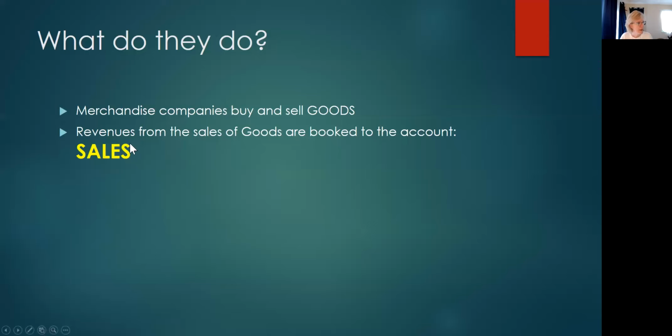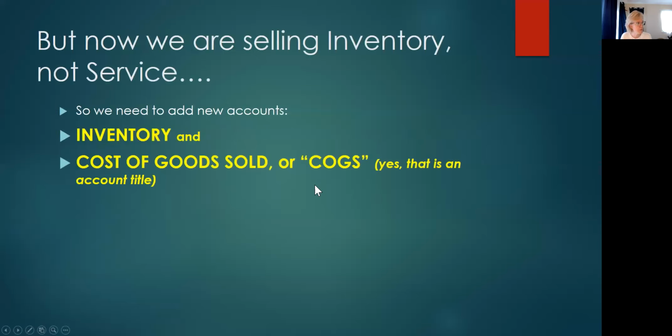Okay. And we have a new account this chapter called sales, and sales is used for when we sell product. Up till now, we've called it service revenue, or more specifically, rent revenue, but you can always use service revenue. That covers everything that's not a product. So service revenue versus sales revenue, which is when there's a product. And now we have to track the cost of the goods sold.